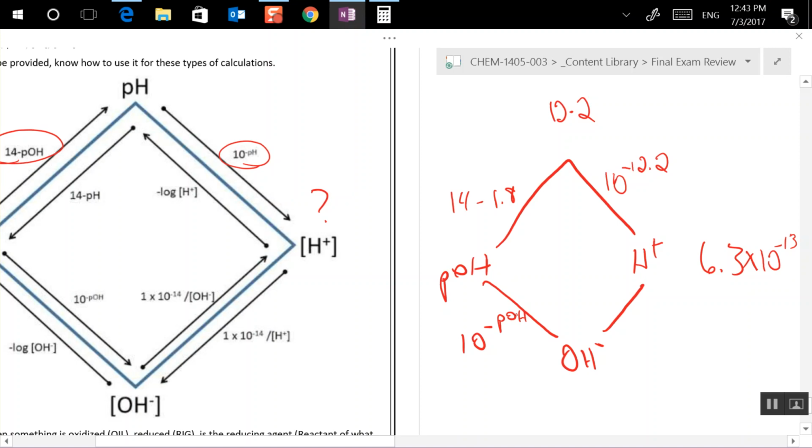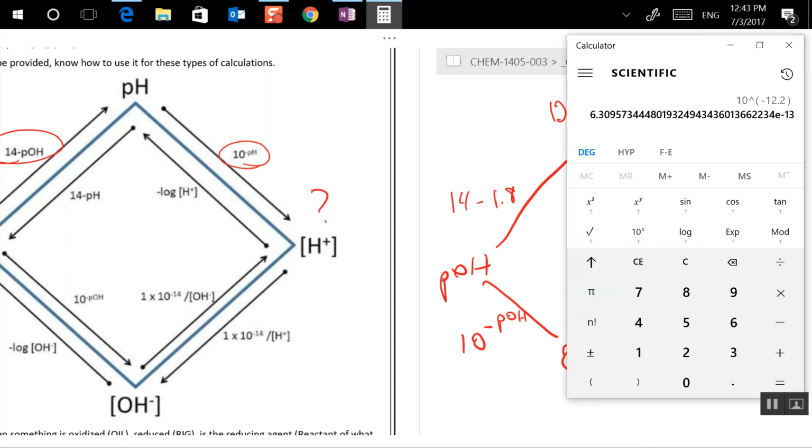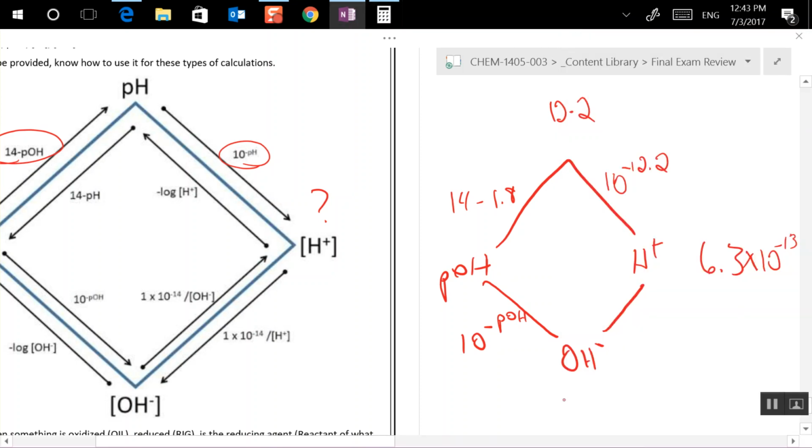So my pOH is 1.8, so I'd say 1.8 negative. Okay, and I get 1.58 times 10 to the negative 2.